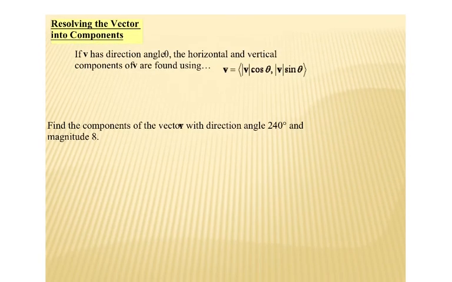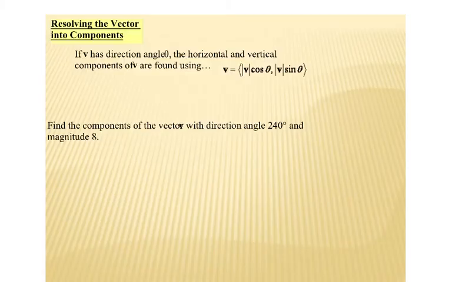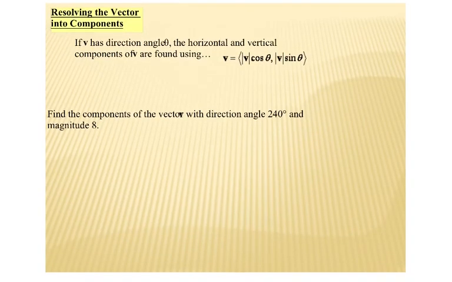Perfecto. So, again, that formula is on our formula sheet here. So, if we're going to resolve the vector into components, if V has a direction angle of theta, the horizontal and vertical components of that V vector are found using this here.